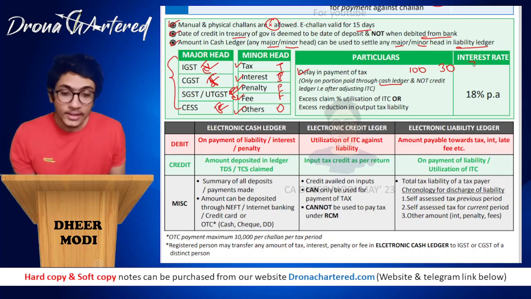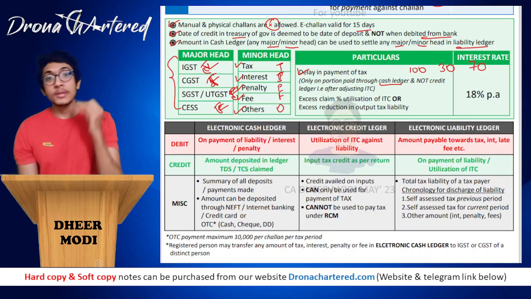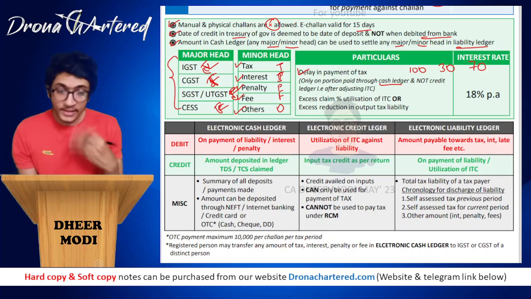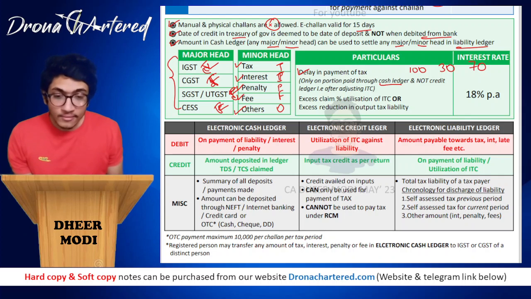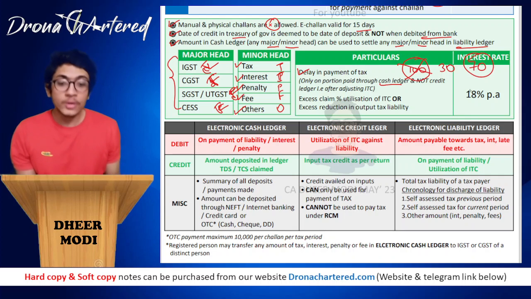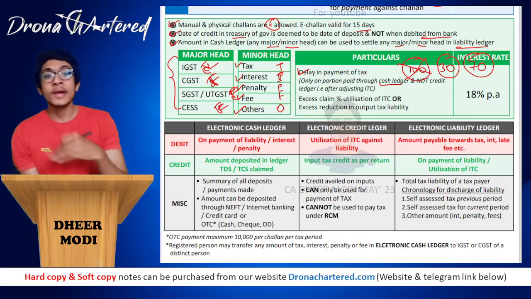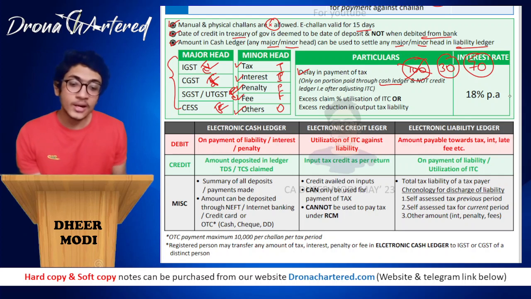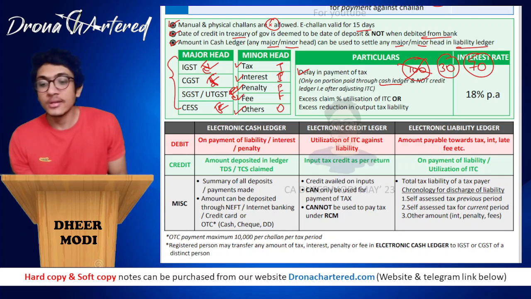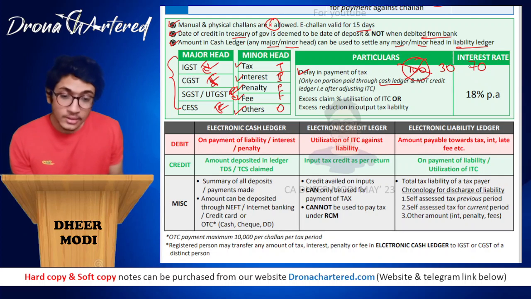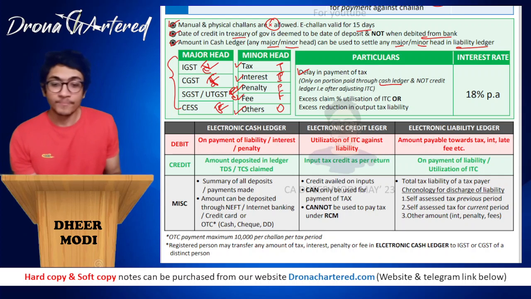So you only added extra 70 rupees as cash in your cash ledger and then you paid this. So the interest will not be on this 100. It will be only on 70, because I said that boss, this 30 rupees you already had, I am only apportioning it right now. So only charge me interest on this 70 rupees, which also makes sense. So it is after netting of your ITC.